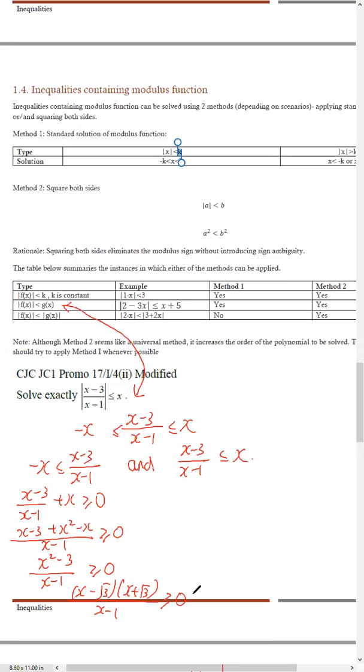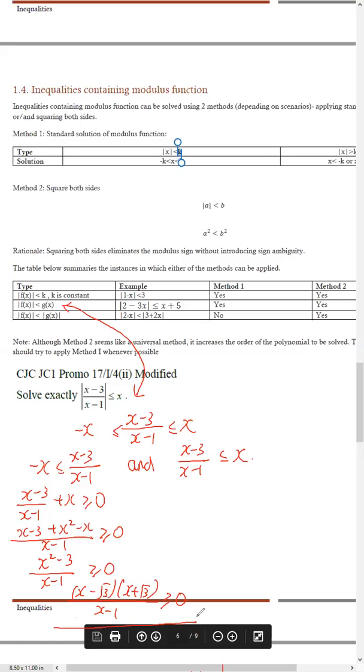If we draw the number line, there will be 3 roots over here: minus root 3, 1, and root 3. Positive, negative, positive, negative.